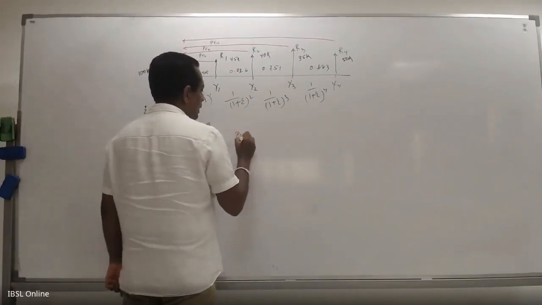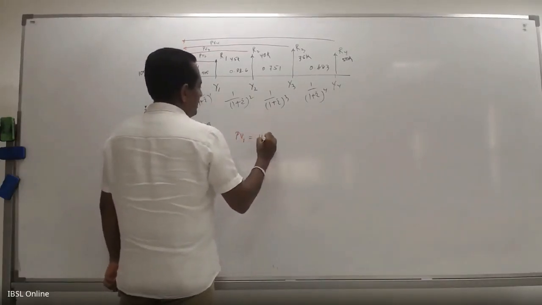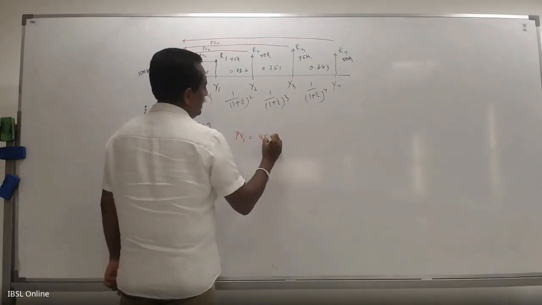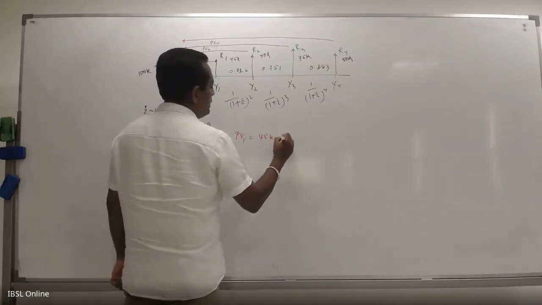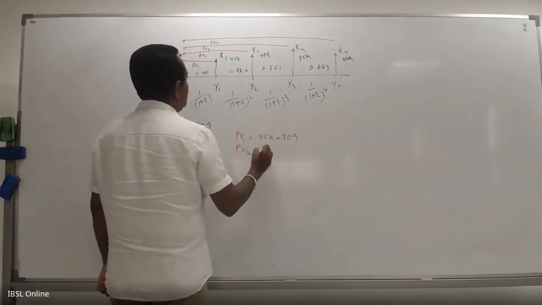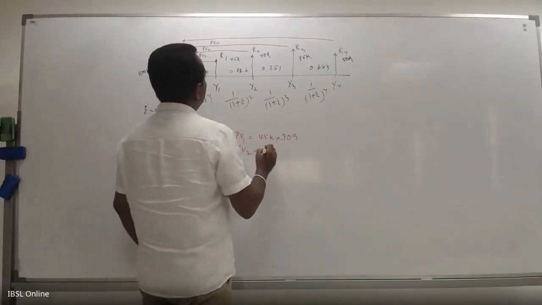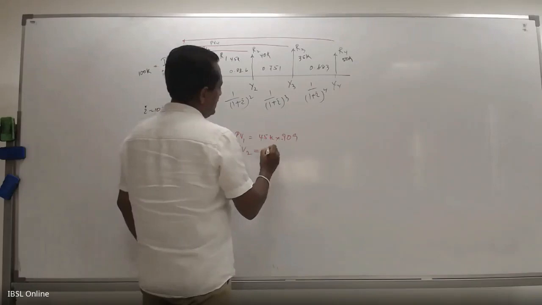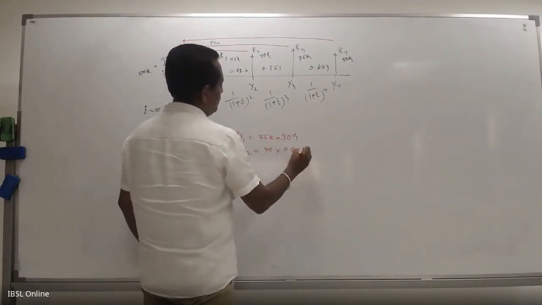Present value 1 equals 45K into 0.909. Present value 2 equals 40 into 0.826.